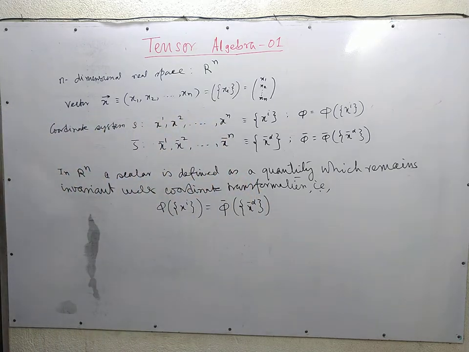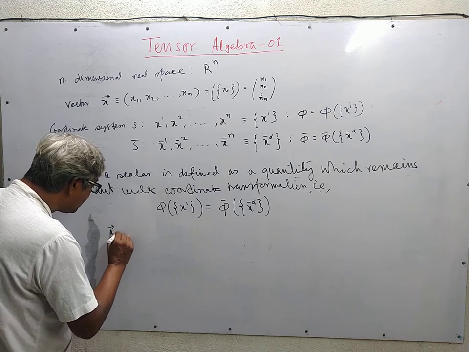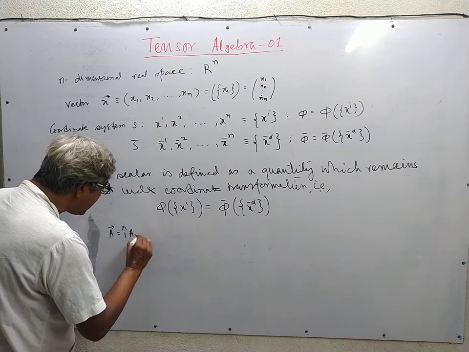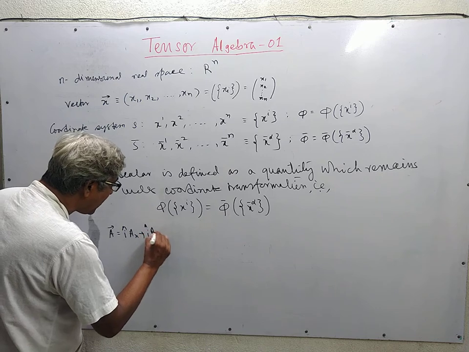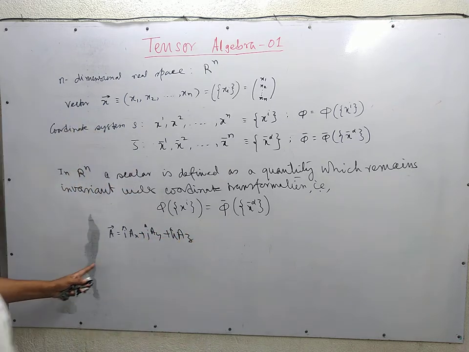One point I want to mention is that if we write a vector in one coordinate system, we generally say that the vector A is equal to i cap Ax plus j cap Ay plus k cap Az. I am still writing this relation in terms of the notation we use in vector calculus, vector analysis.